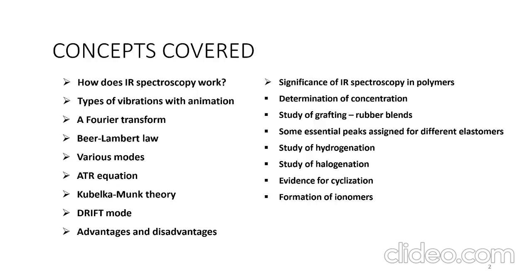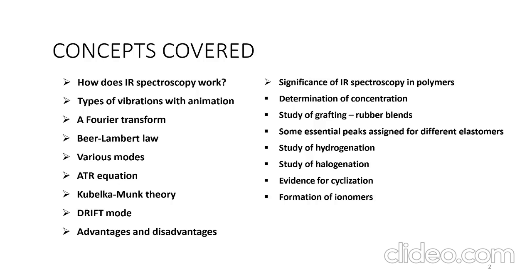Also, we have seen the significance of IR spectroscopy in polymers, and depending upon the concentration of a particular molecule, we can observe the changes in the IR spectrum of the particular organic compound. Then, based on the rubber blends, we studied the grafting in the rubber.